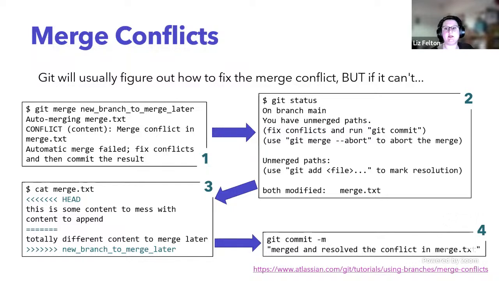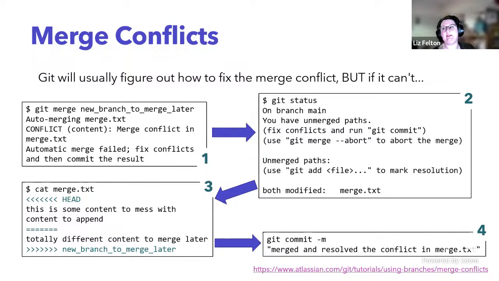If you then type git status, it will tell you the status of the Git branch that you're in. So it's telling you that you're on the main branch and you have unmerged paths. Fix conflicts and run git commit. Or you can abort the merge if you really don't know.